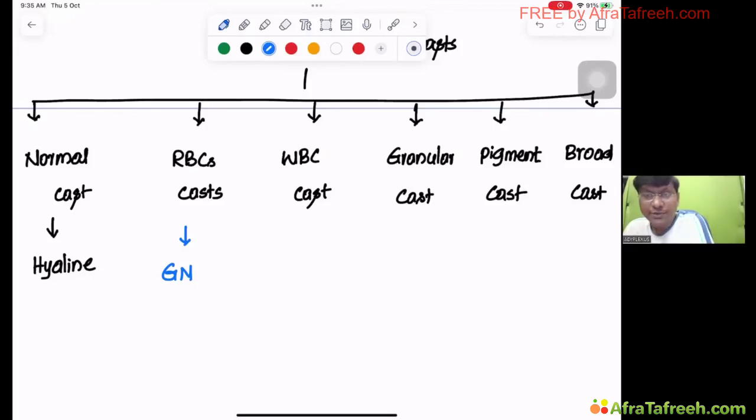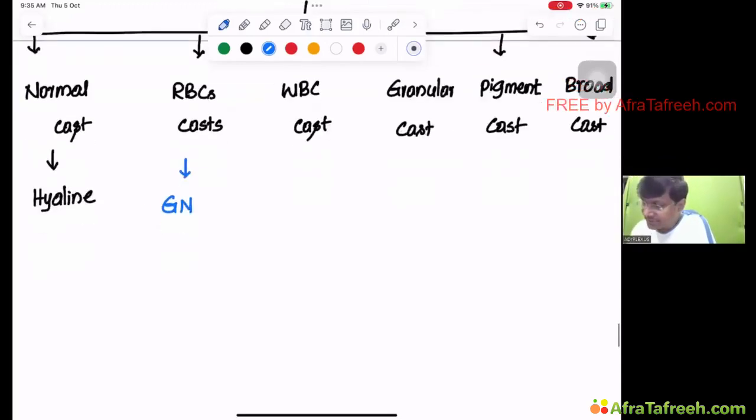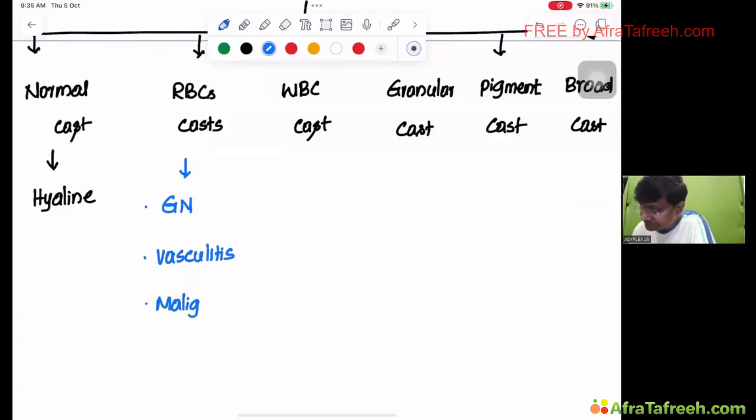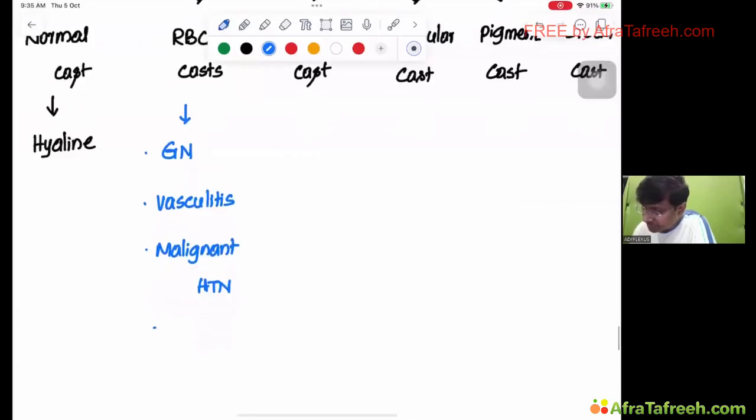They will have cola-colored urine or the hematuria, right? Where you will have the presence of the RBC cast. The other conditions where you can have the RBC cast are vasculitis, then malignant hypertension, right? Then we have thrombotic microangiopathy.